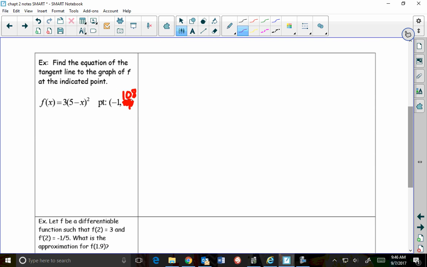So now on this one, fix it. The point was wrong. It should say negative 1, comma 108. So now we want to find the equation of a tangent line. We do not have to do the formal limit process unless it says. Does it say? No. So I have this f of x, and I know I still need to do what to the f of x?